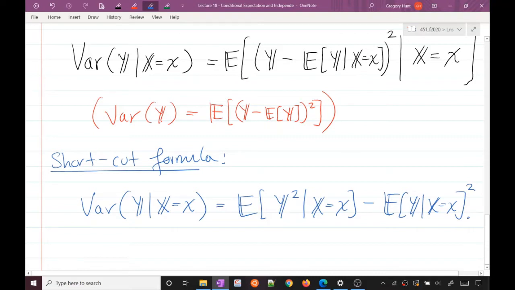So again, it's just like our simple shortcut formula, but now we've just been replacing expected value with expected value conditional on x. And that's very straightforward to do.